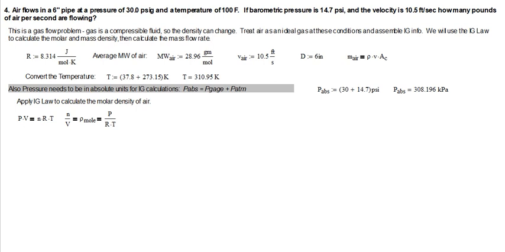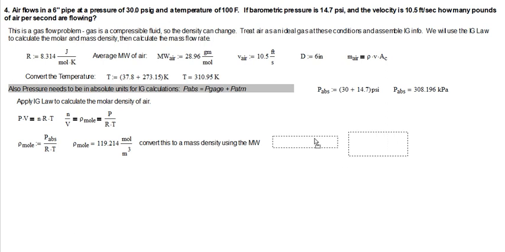And so we can do that calculation now. And again, the pressure is going to be the absolute pressure that we have here. And so the molar density of the air at these conditions is 119.214 moles per meter cubed. And you could put that in kilomoles per meter cubed or whatever units you like.